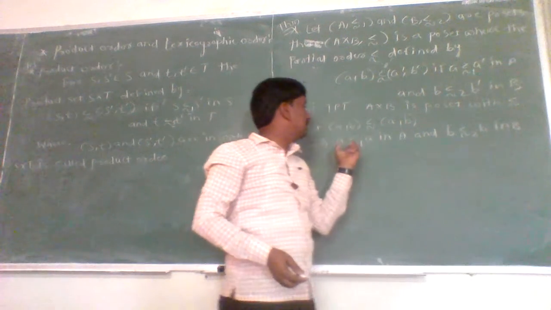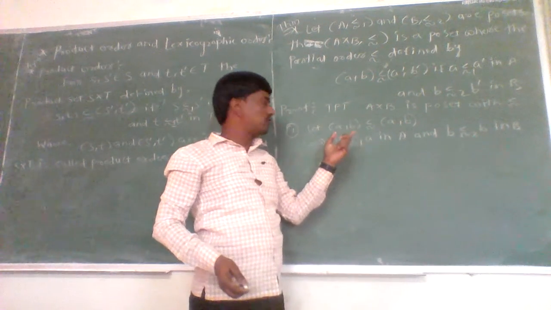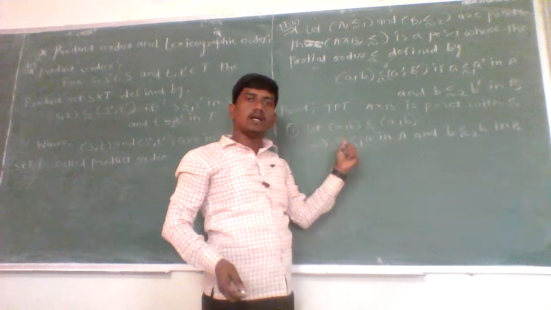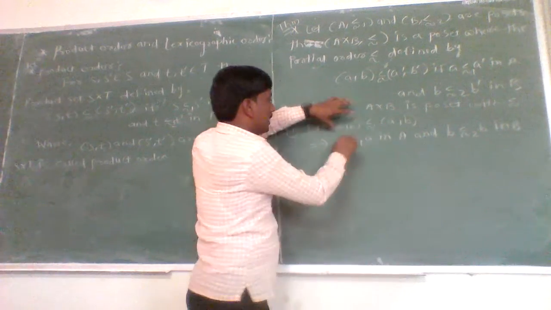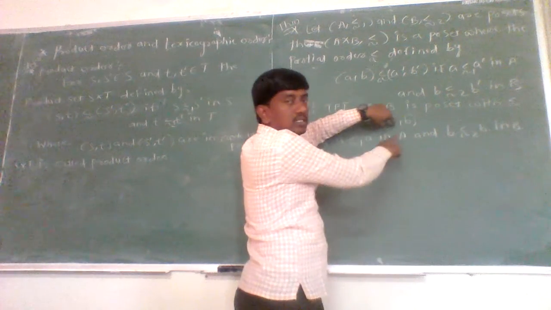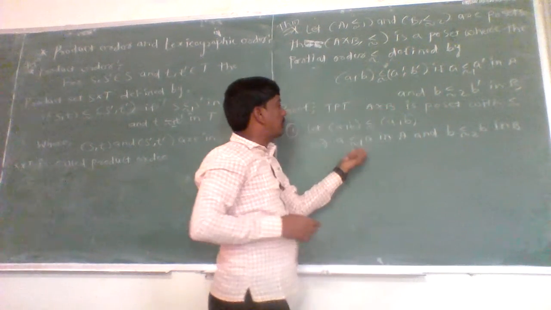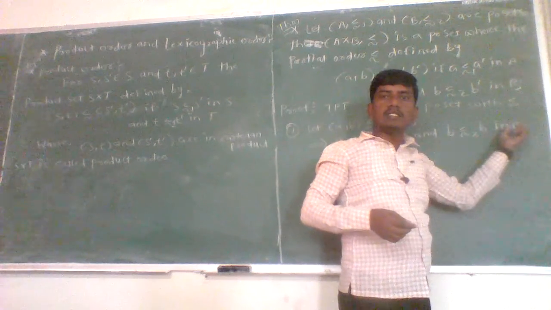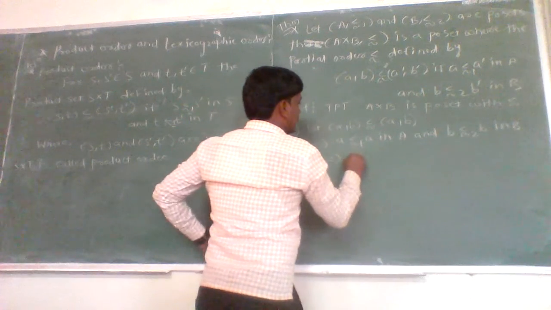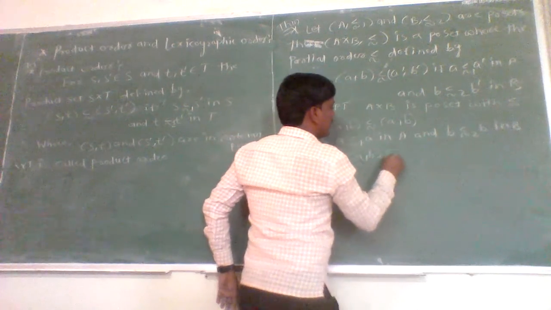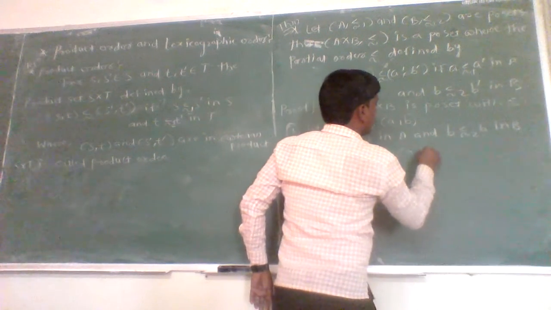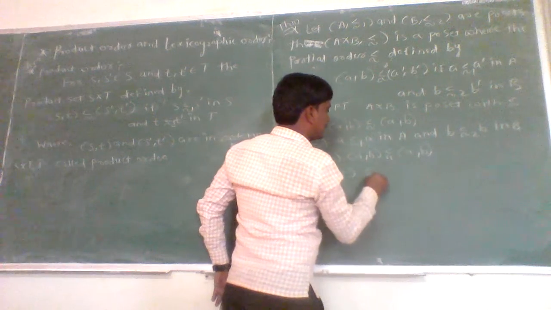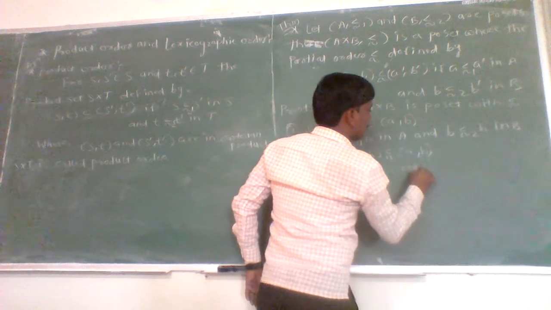As A is a poset, this relation is reflexive, antisymmetric, and transitive on A. Therefore, a is related to a itself since A is reflexive. Similarly, b is related to b itself since B is again a poset. Therefore (a, b) precedes (a, b), which implies this relation is reflexive.